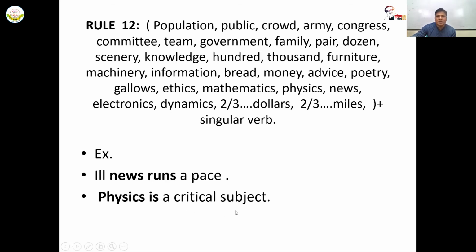That means physics is a critical subject. So be careful with these words, and I suggest you keep in mind somehow these words which will take the singular verb, though they look like plural.